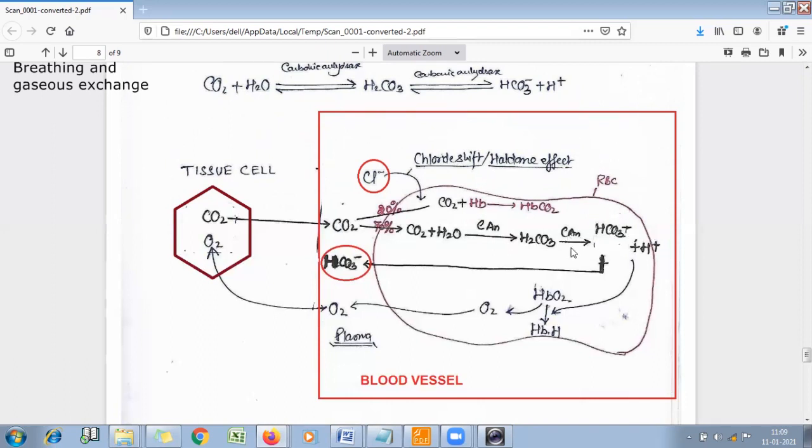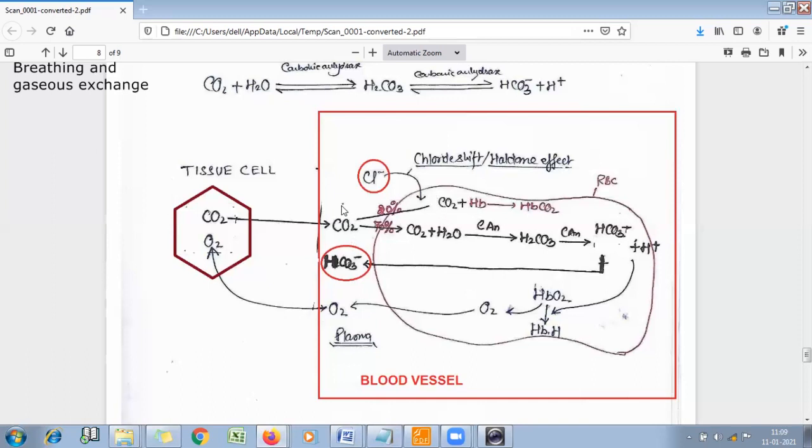So this HCO3 minus carbonic ion is transported into the plasma, and to adjust this ionic concentration, chloride ion enters into the RBC.